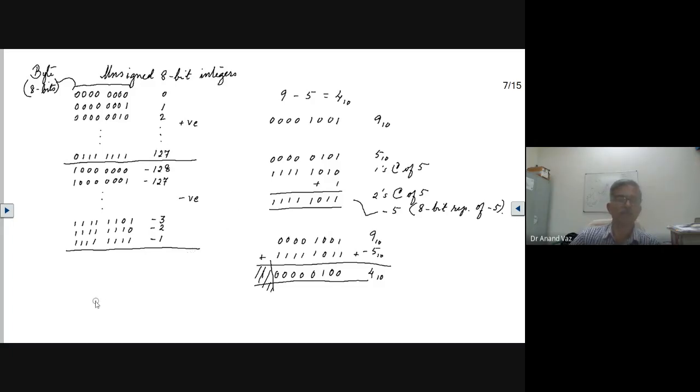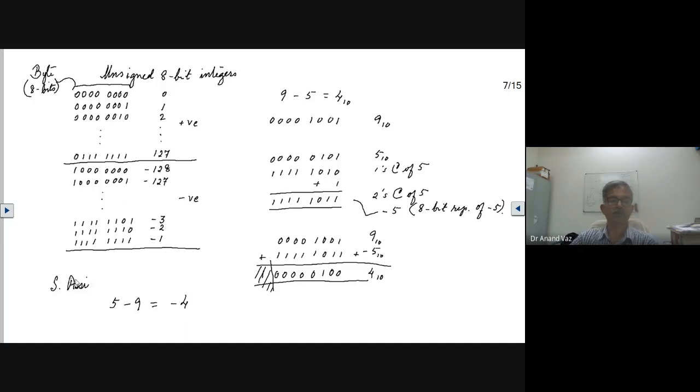Now I have a question for all of you. I want all of you to do 5 minus 9. This is going to be equal to minus 4. So use this method and obtain 5 minus 9. Okay. So this is a small task for you.